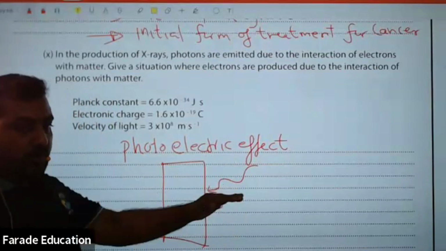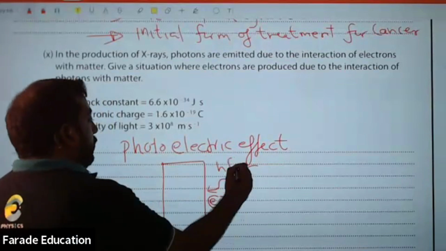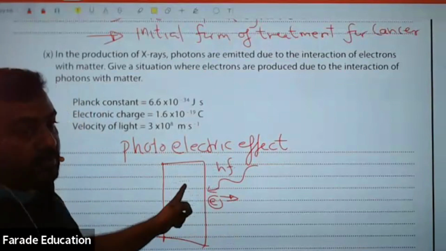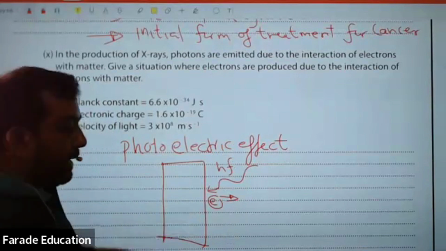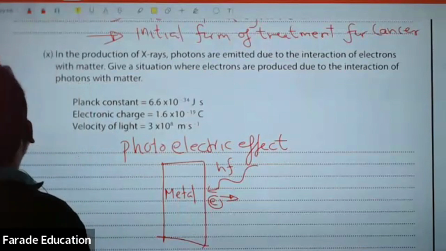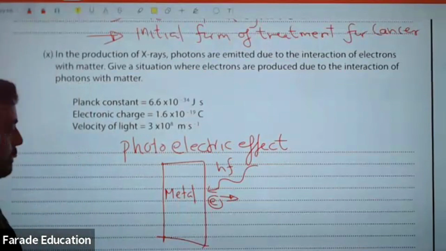One photon, one electron. A photon hits a metal, and electrons are emitted.